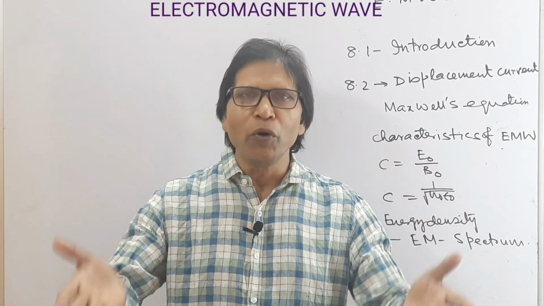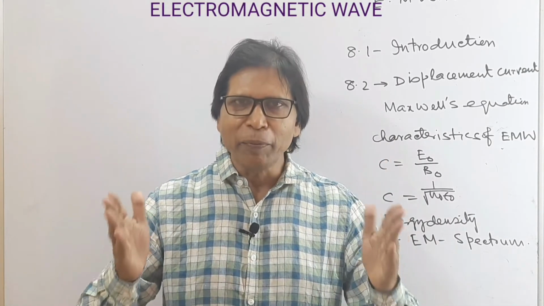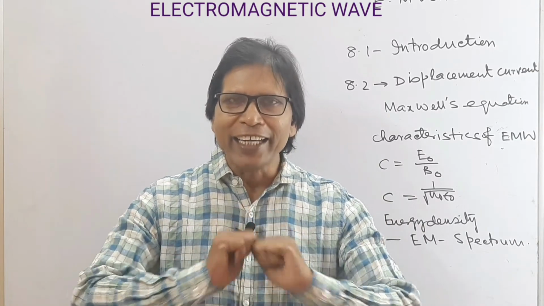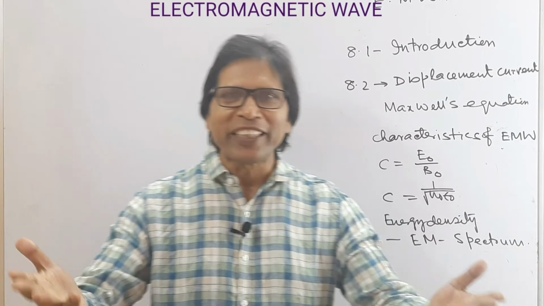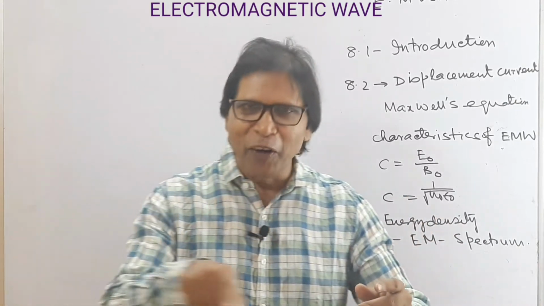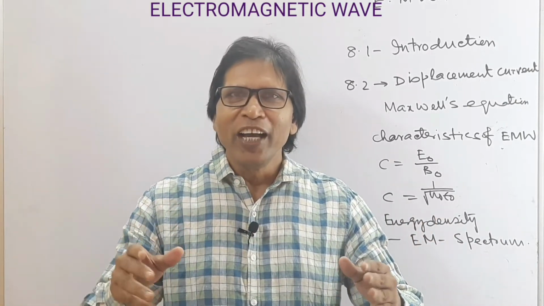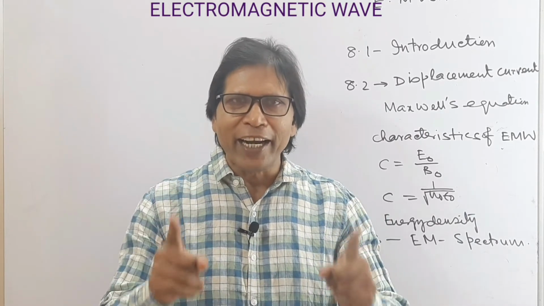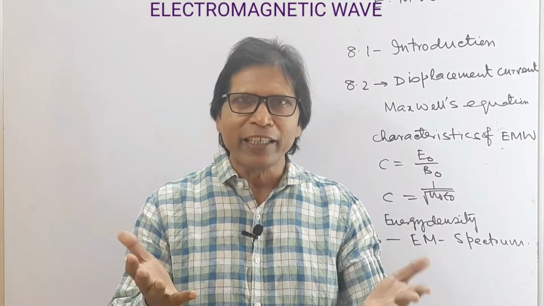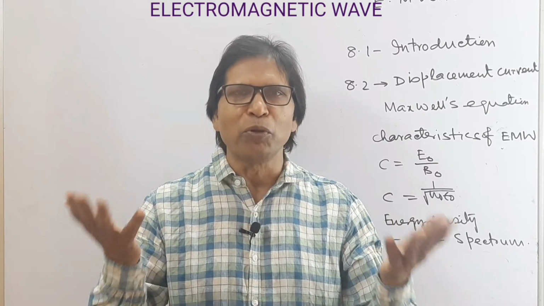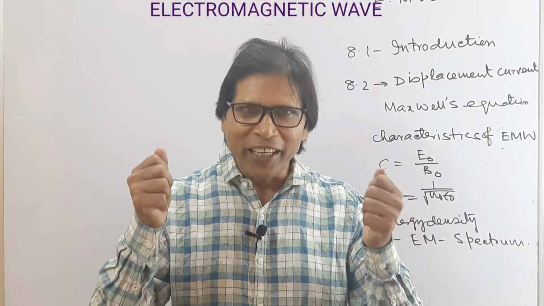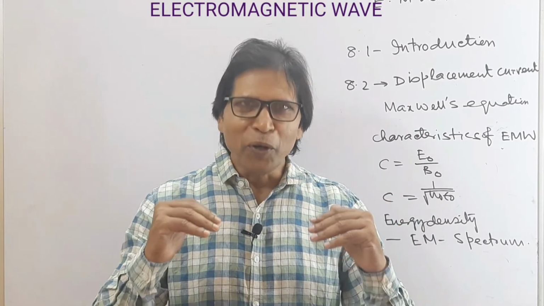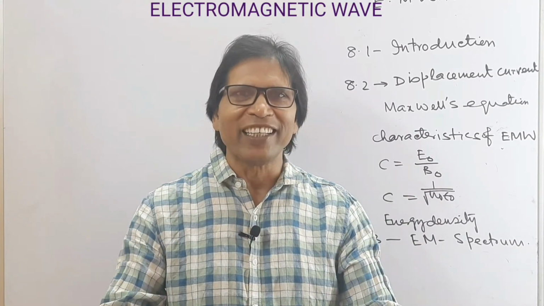From chapter 4 of NCERT Physics, we know that a current carrying conductor produces a magnetic field around it. We also know that two parallel conductors carrying a current experience a force, and in chapter 6 a time varying magnetic field produces an electric field.